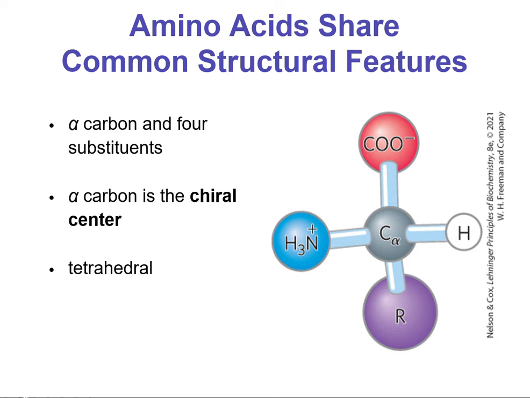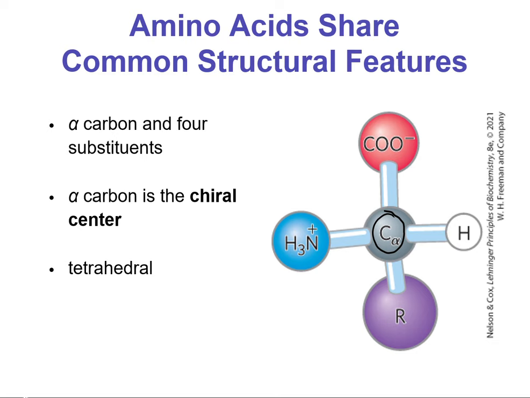So this is the generic structure for an amino acid. There's an alpha carbon at the center, and that alpha carbon is the chiral center. All amino acids except for glycine have a chiral carbon at the center.